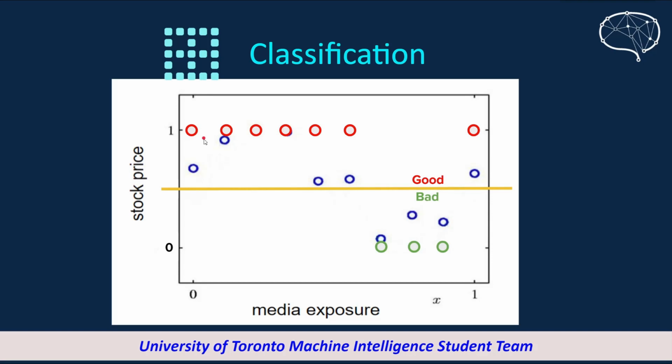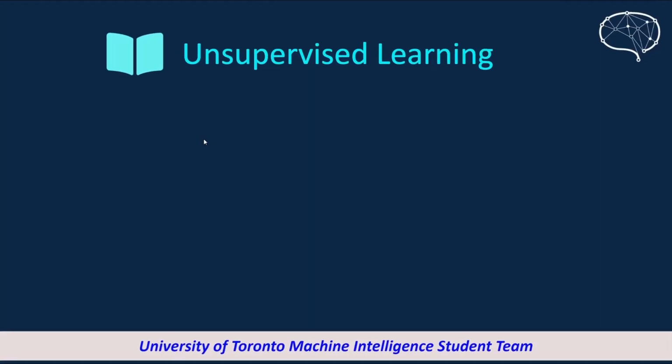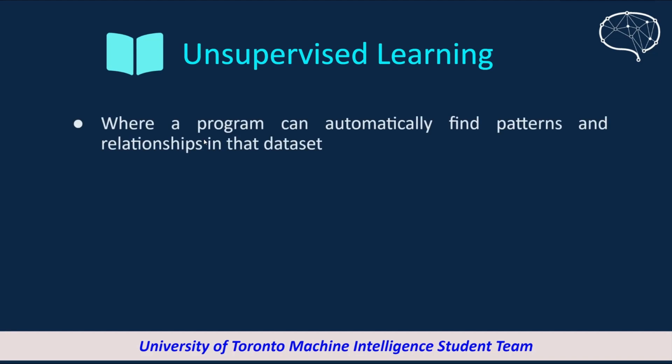Okay, then we're officially finished with supervised learning. We'll be moving on to unsupervised learning. Unsupervised learning is where a program, given a data set, can automatically find patterns, structures, or relationships in that data set. It is a machine learning task that draws inferences from data sets consisting of input data without labeled responses.